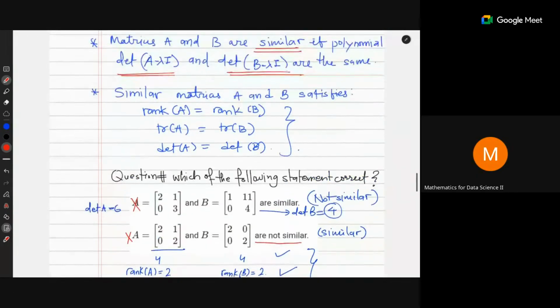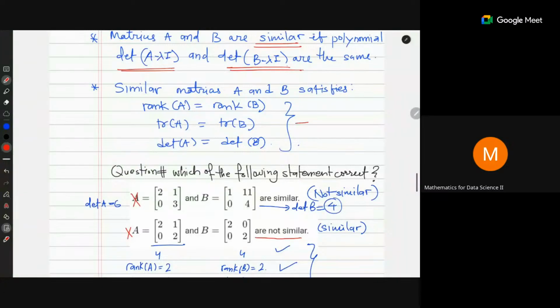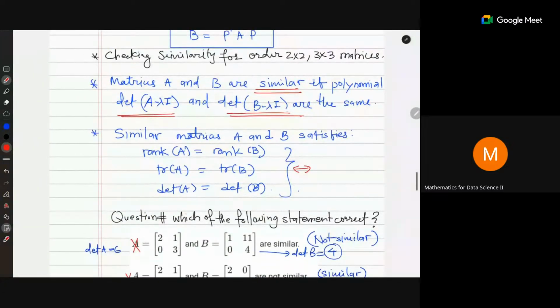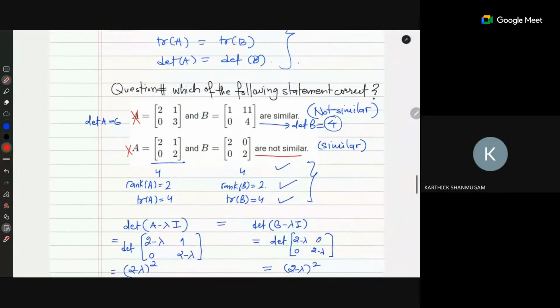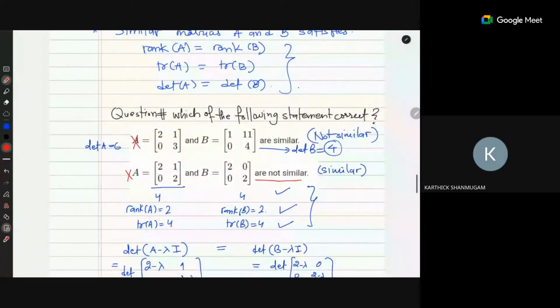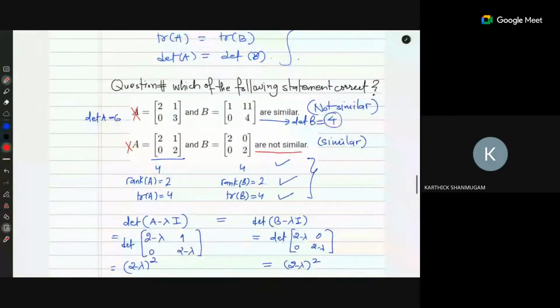These conditions are useful to find out whether they are not similar. But if you want to check they are similar, you need to check that their polynomials are the same. Okay, yeah. If a matrix is similar, it is also equivalent, because their rank will be the same. Rank is the same means equivalent.